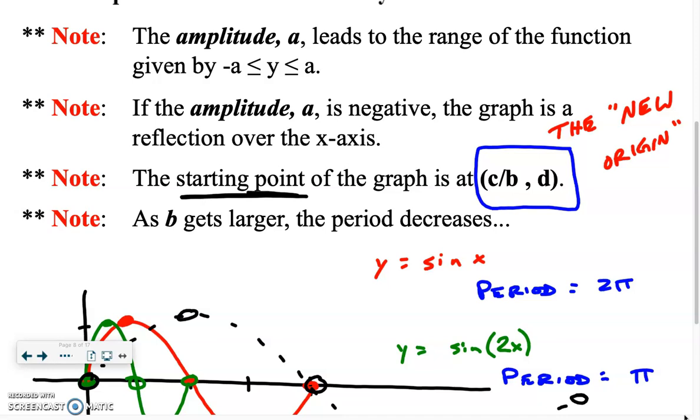Because c over b, remember, represents horizontal movement, and d represents vertical movement. So if you're moving left pi and up 7, then wouldn't your origin move to negative pi comma 7? That's what c over b comma d represents as a starting point.